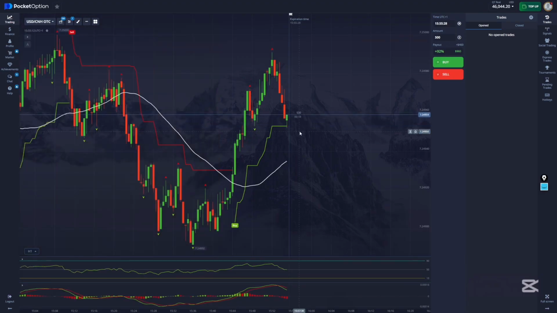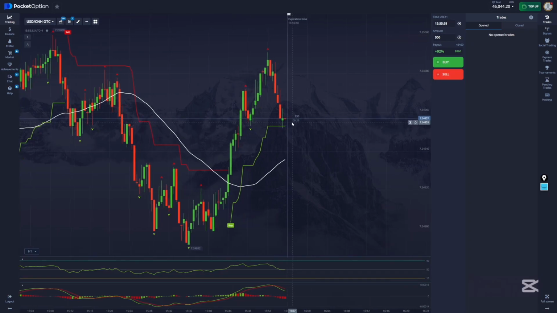So one second, let's have a look here. You see, we have a white line up, so we have to wait for these candles to go back up. If they cross this green super trend, we have to leave this and find another pair.